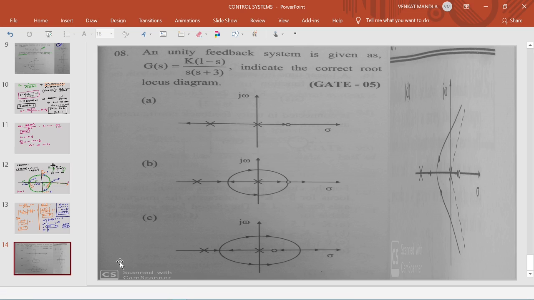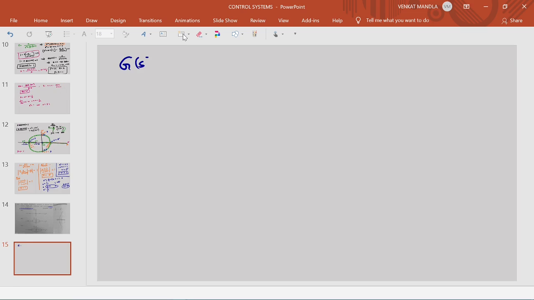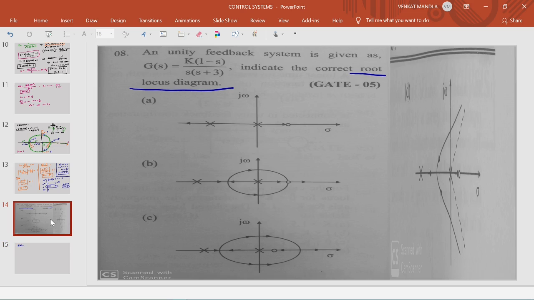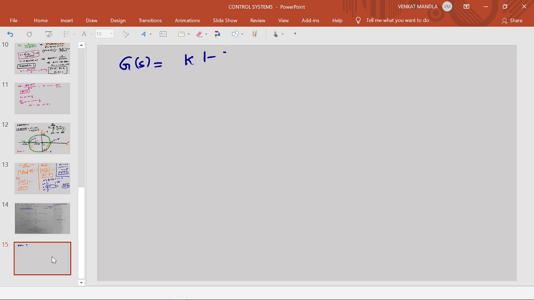Now here also he asked for the root locus only. So this is the root locus. He has not asked for the complementary root locus. Anyway, I will draw the complementary root locus also for this question at the end. Now, G(s) is K(1 minus s) by s into (s plus 3), with unity negative feedback.